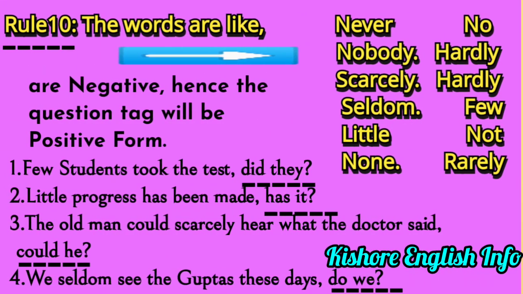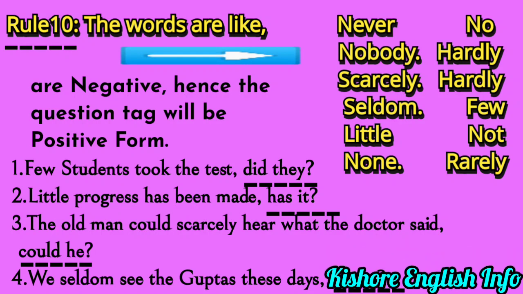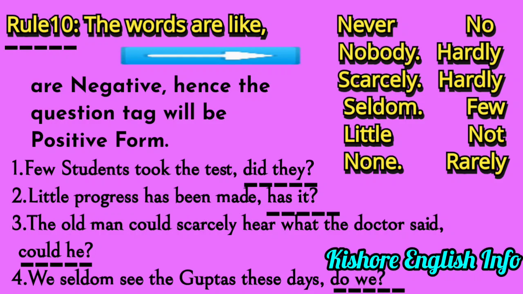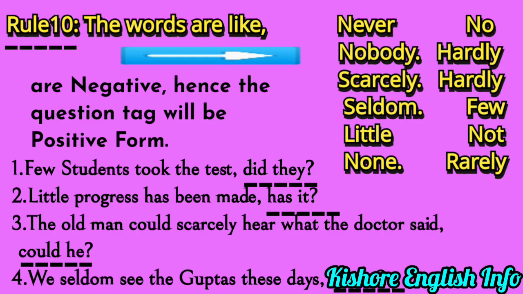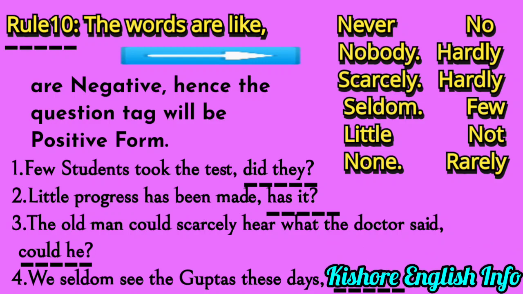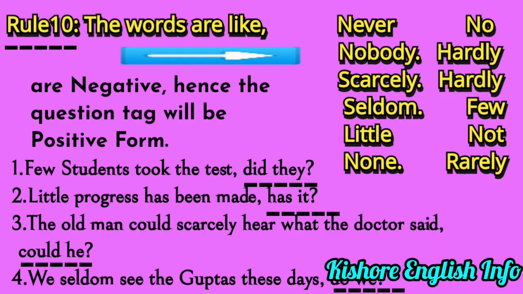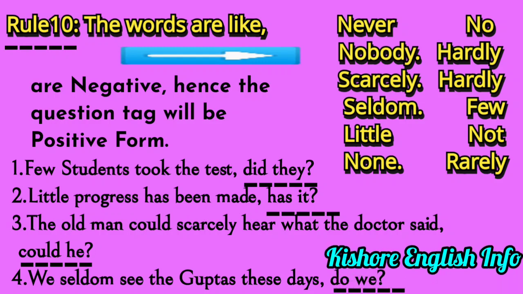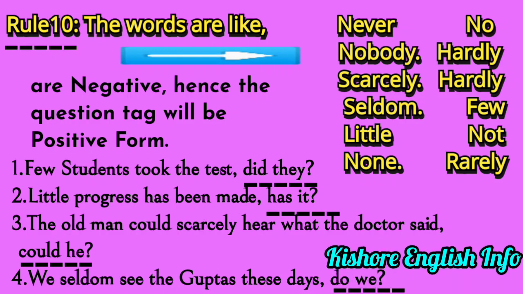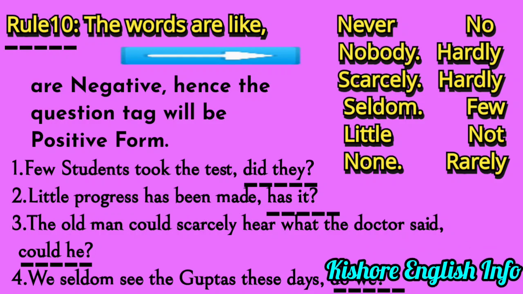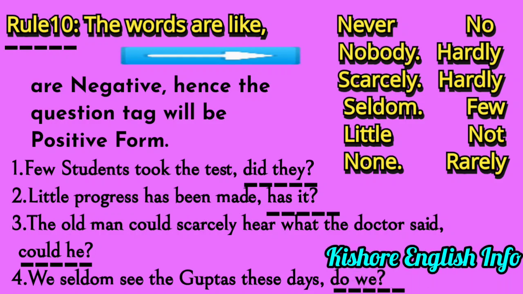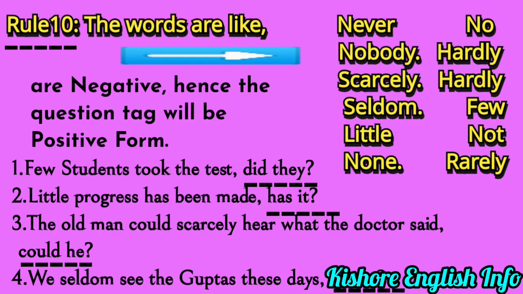Coming to the 10th rule, words like never, no, nobody, hardly, scarcely, seldom, few, little, none, rarely, not. These words indicate a negative form. If the sentence begins with these or consists of these words, we use a positive question tag.